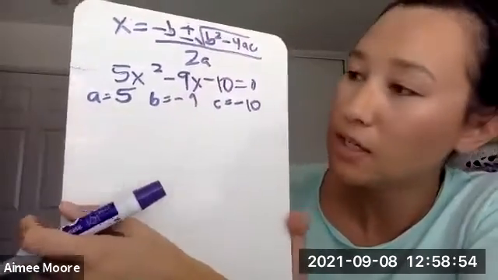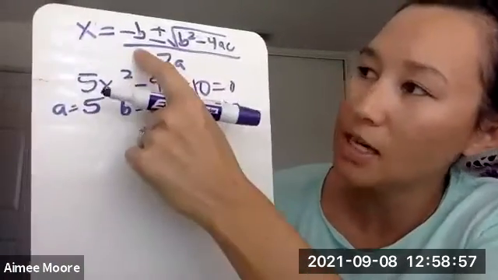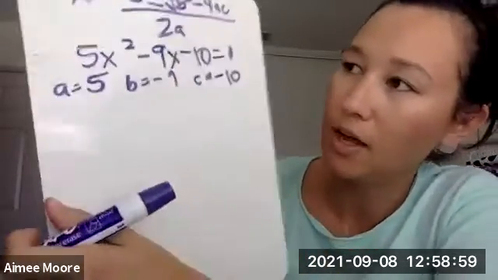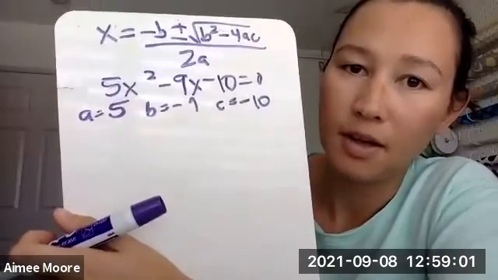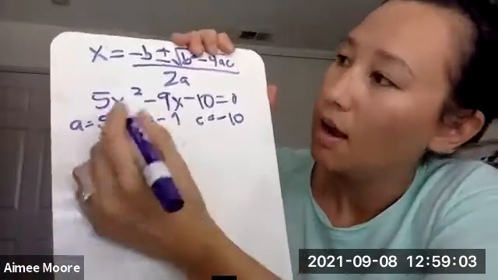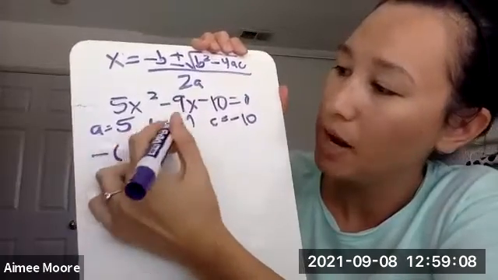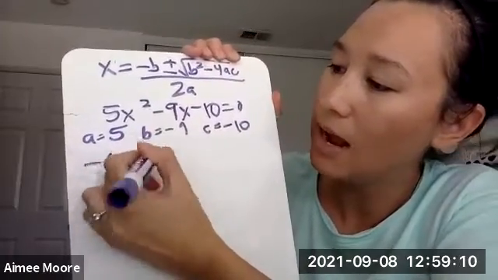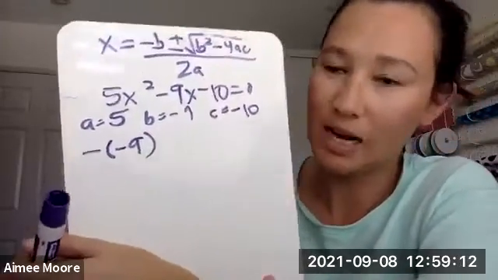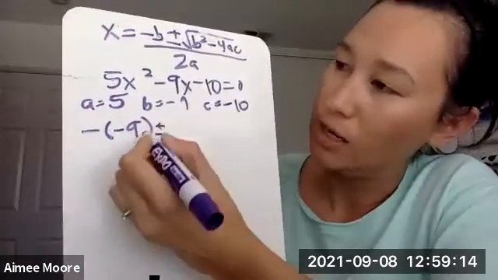And then all you have to do once you identify a, b, and c is just plug into your formula. So we have negative b, and use parentheses anytime you plug in. So negative b, because this is negative 9. That's a very common mistake right there. It's forgetting to use parentheses.